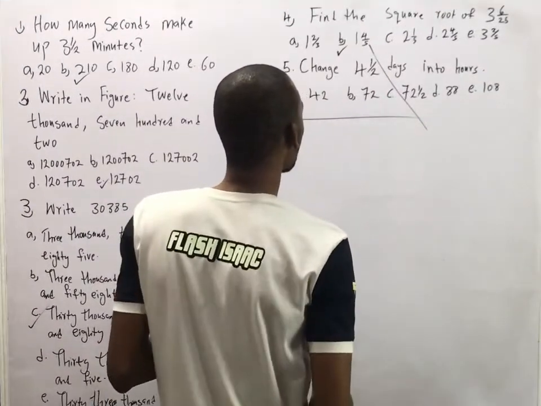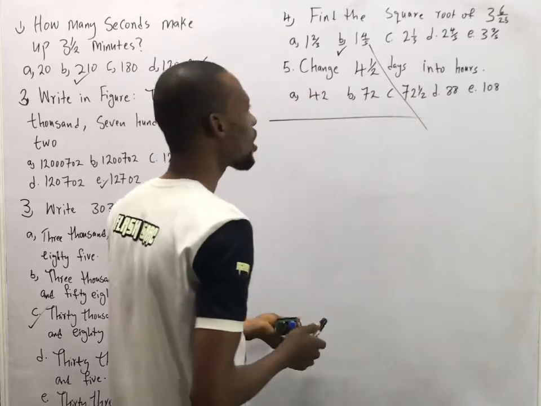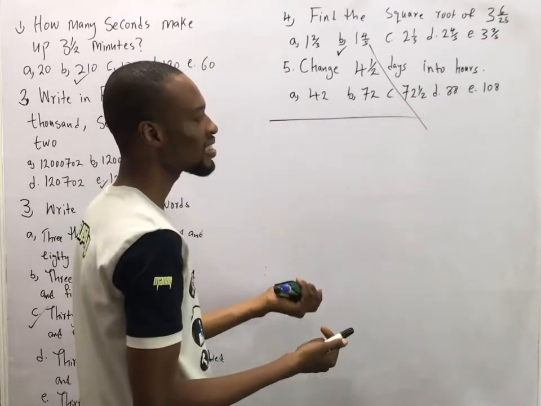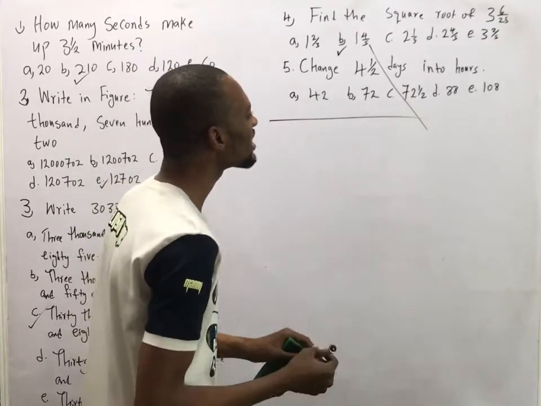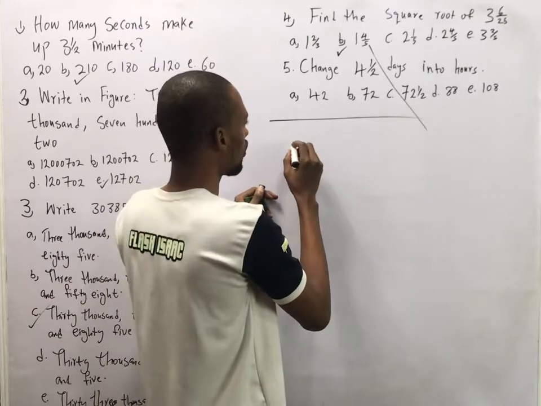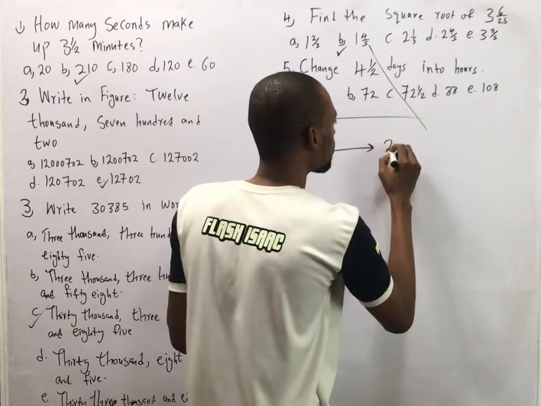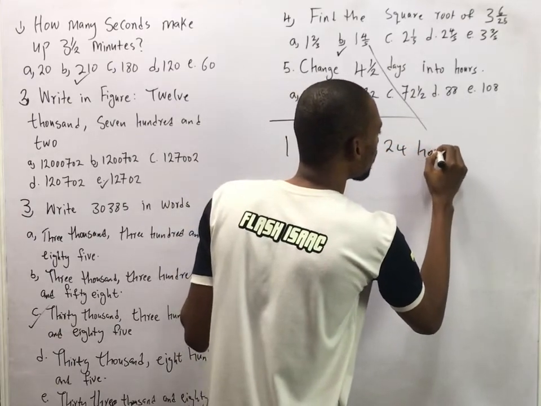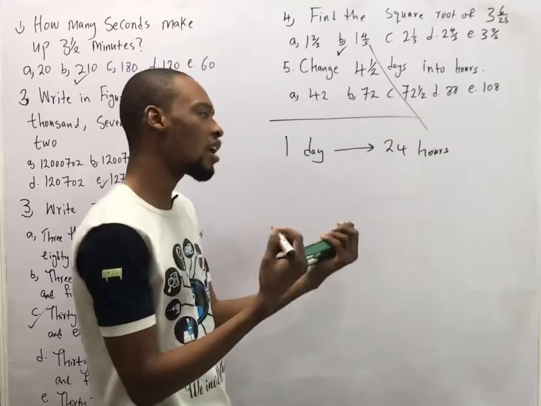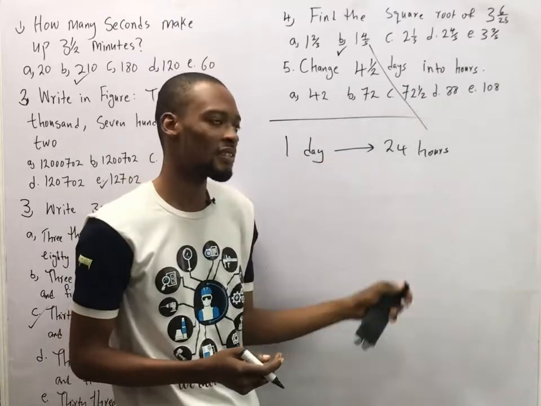Change 4.5 days into hours. So we are still in conversion. We know that 1 day is what? 24 hours. 24 hours make 1 day.